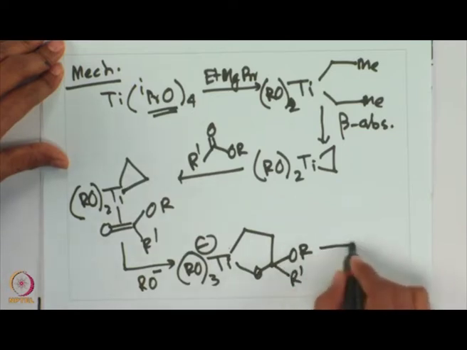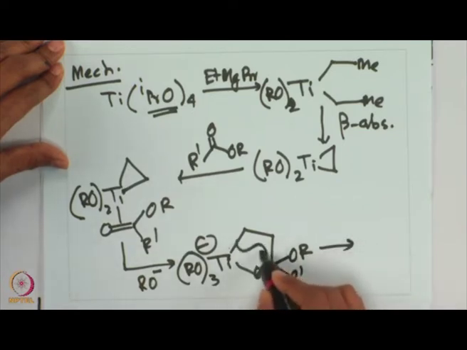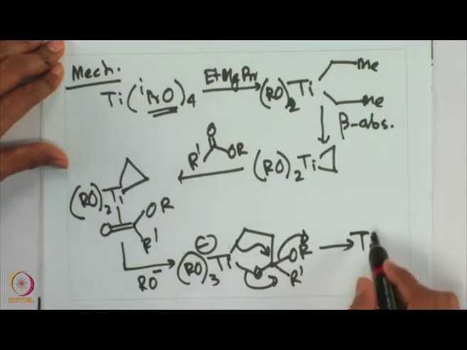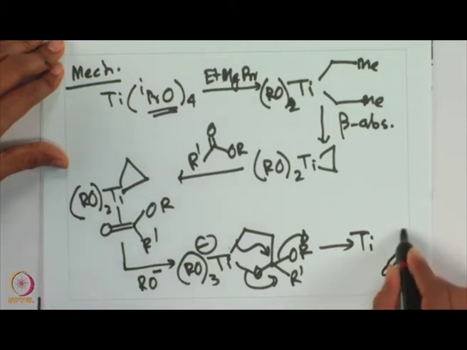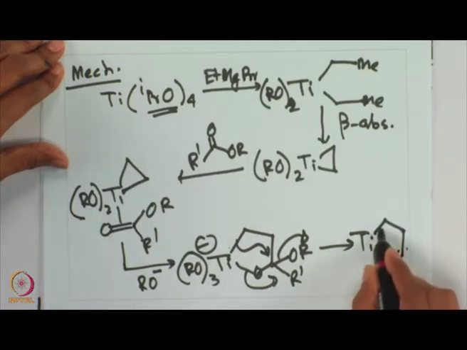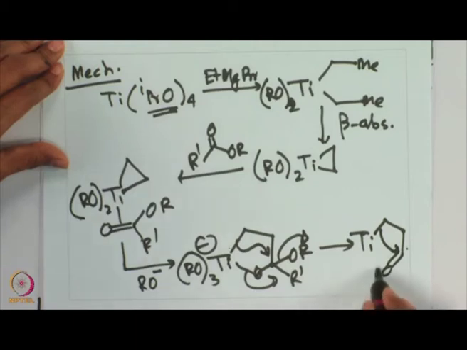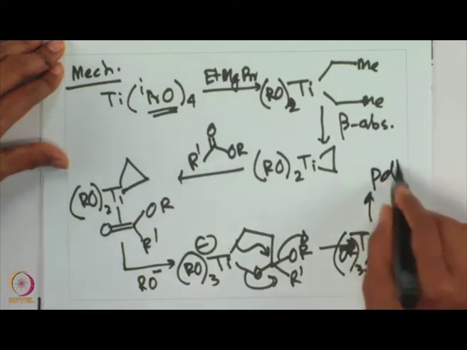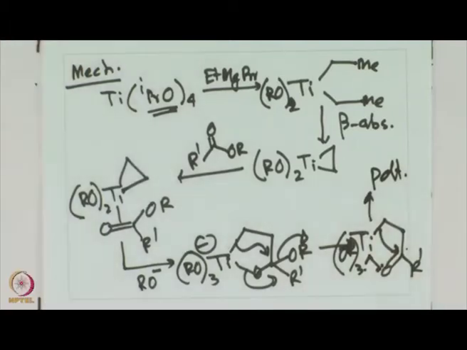From this intermediate, formation of the cyclopropane ring can be envisioned very easily. This is the intermediate where the cyclopropane ring will be forming. Of course, this lone pair can be coordinated. We have OR3 along with it and R prime. From here, the product formation can be envisioned.